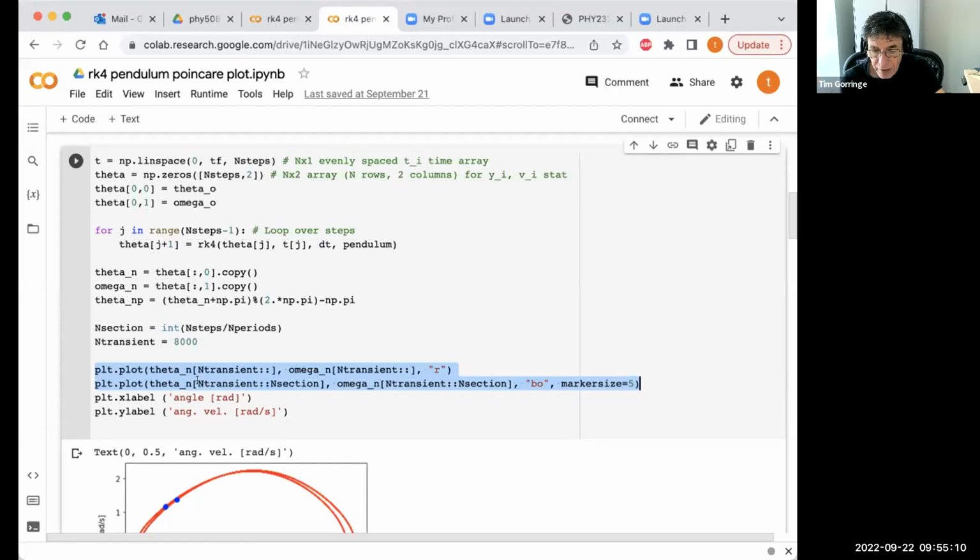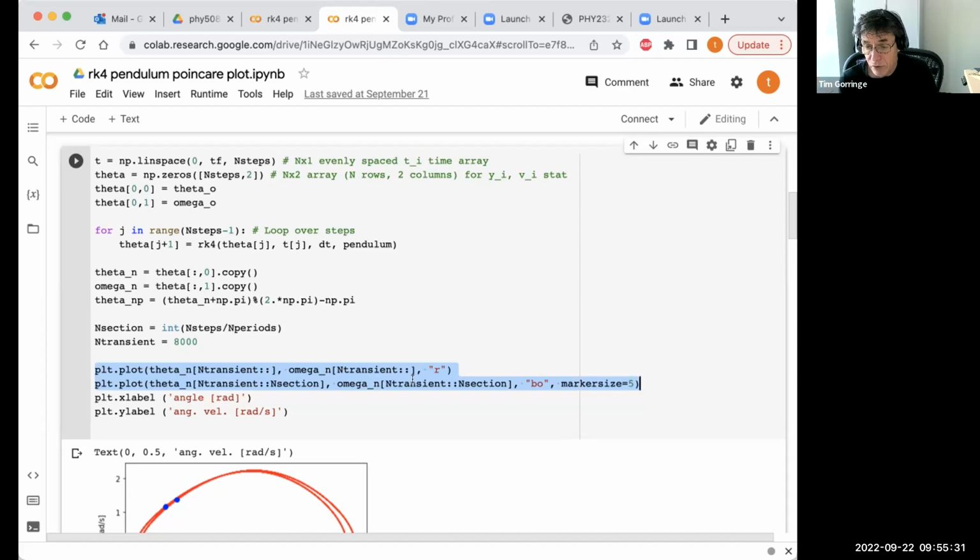And in the lower line, I only plot the Poincare section points after the transitory period, and only with this cycle corresponding to n_section, one period of the driving force, with this particular slicing here.